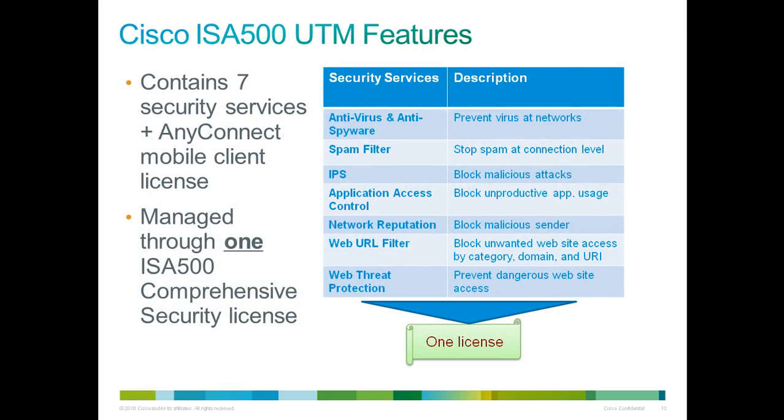The ISA500 has 7 unified threat management features. I will demonstrate to you 3 features. So all these 7 features plus any connect VPN client is managed only by one security license.